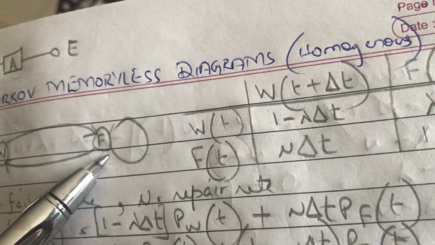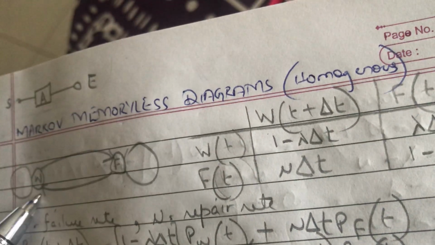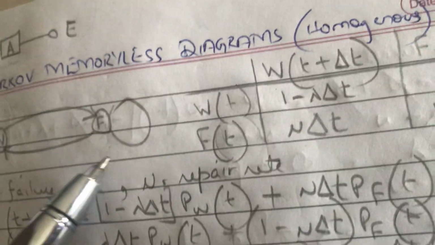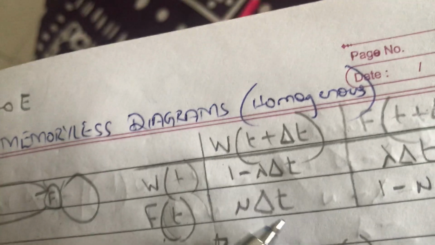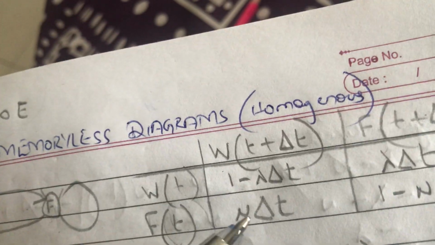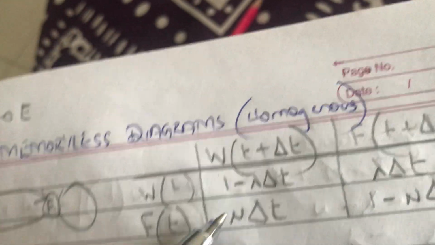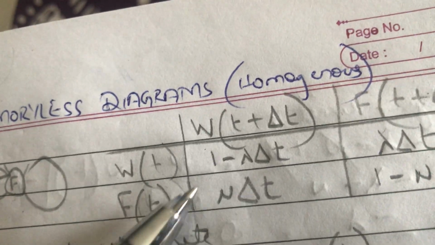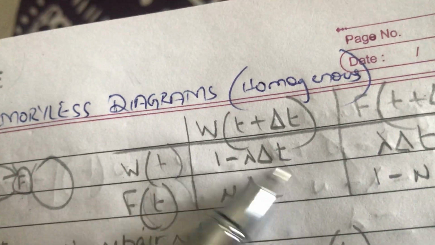So when we were here, we go from here to here, so we keep it as mu delta t. Why do we bring in mu delta t? Because our item is going to be repaired now, so mu is the repair rate and delta t. So that's why it's the same.